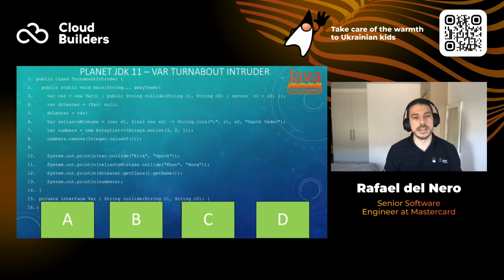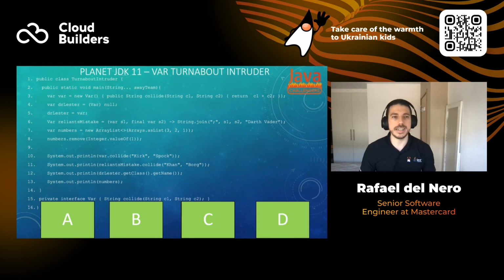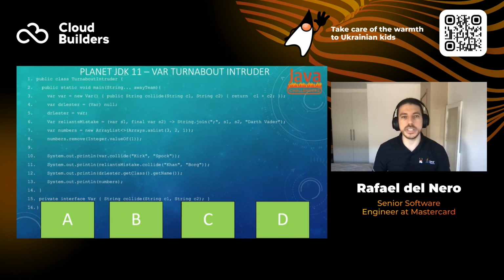So notice that firstly we have the private interface var, and first notice that it is a functional interface. What is a functional interface? It's an interface with only one method, only one public method. So remember that, which means that we can use lambda expression if we want to.